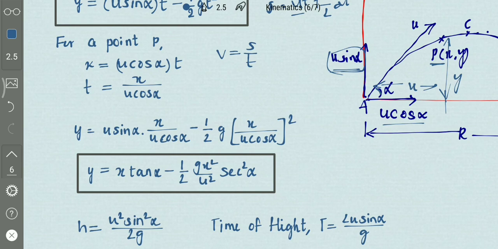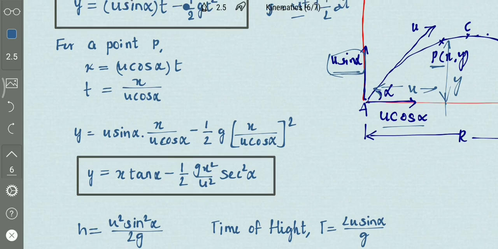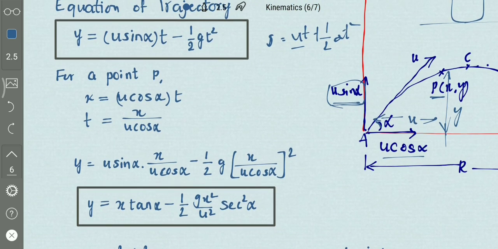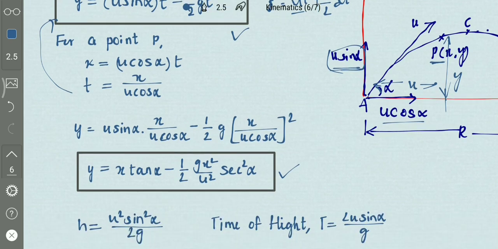The horizontal velocity is u cos alpha, and the distance traveled is x divided by t. So x is u cos alpha into t, and t will be x by u cos alpha. If we substitute the t value in y, we get this equation. So these two are equations of trajectory.